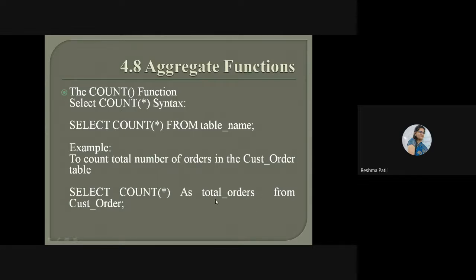So using this, you will understand that the total orders of this customer order table is 100. Using this, you can give a name for the attribute which you are going to show in the output table. So here you are giving the header for that column, and under that header you are showing the result, that is 100.